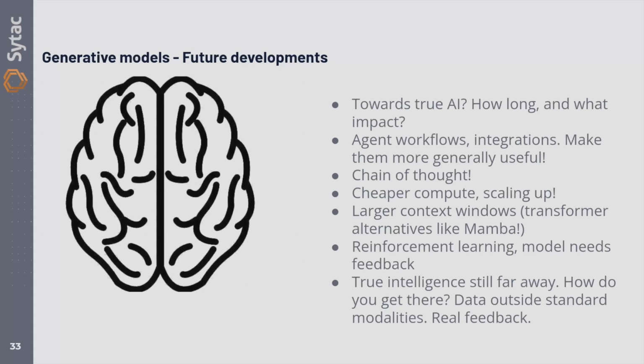A lot of recent developments were covered in your presentation, but I'm going to go over them a little quickly. You see agent workflows, chain of thought. Is that the actual solution towards making the models reason, or is it just a computation trick? Well, I think we might see some better tricks in the coming years.